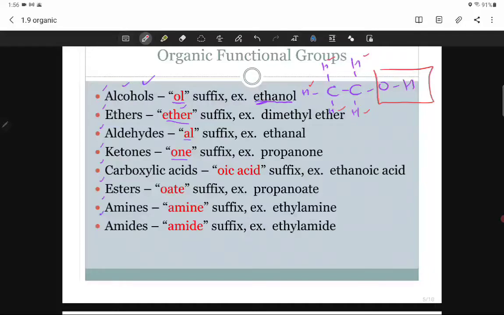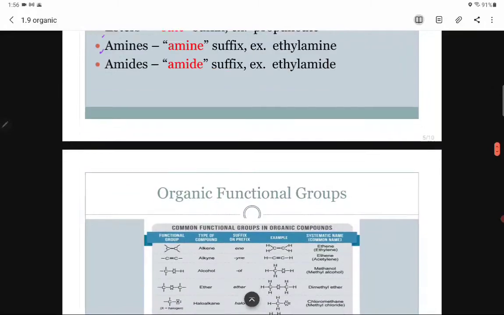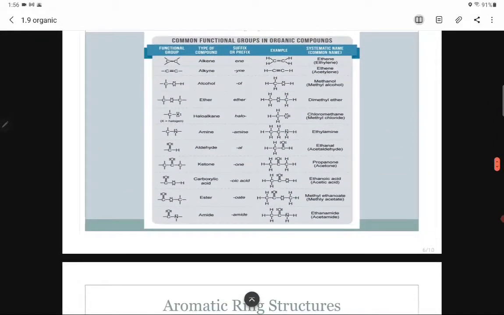We're not going to get into all those details. But here are, again, all of your suffixes. And we're going to talk about how you would get a ketone versus an alcohol. So let's look at what those would entail.